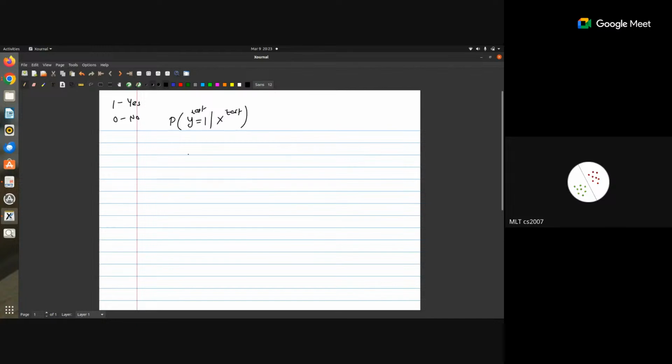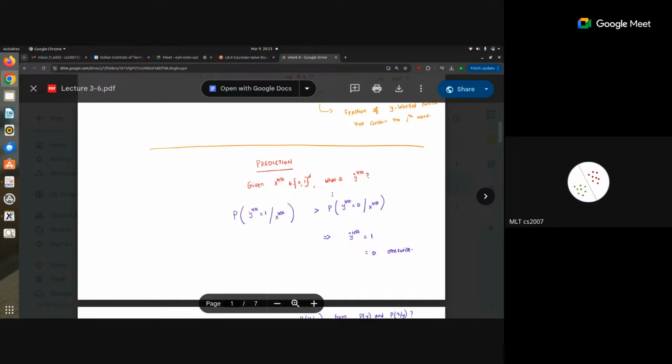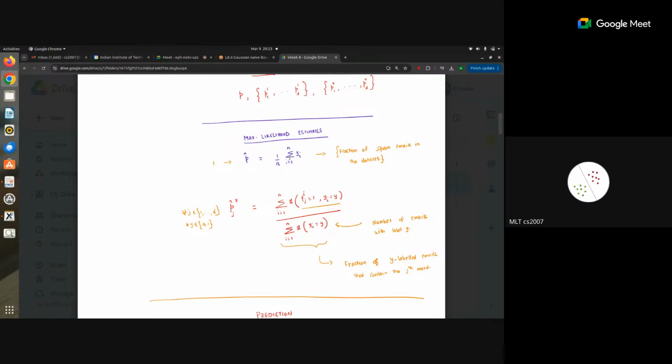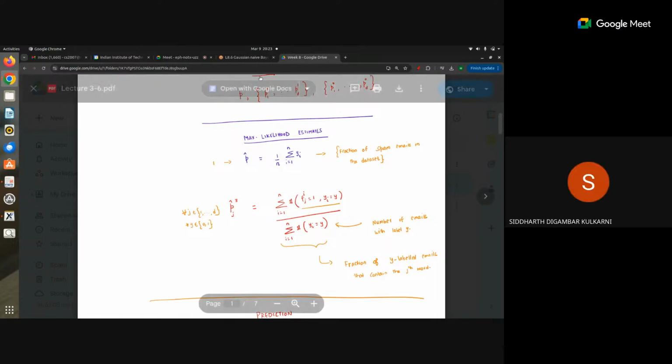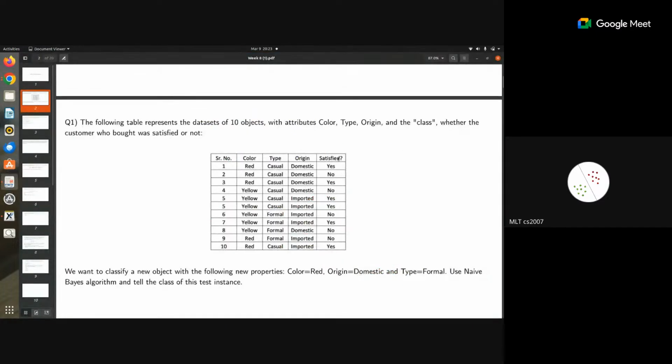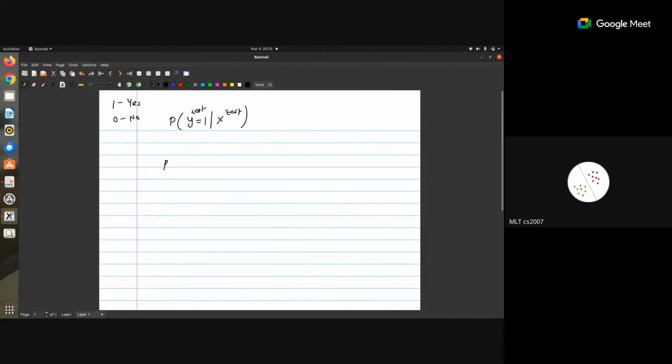But first of all, how do we find out the parameters which are there? This parameter denotes the probability of yes and the probability of no for the label. Here p hat is the probability that the label is yes, or 1 in our case.